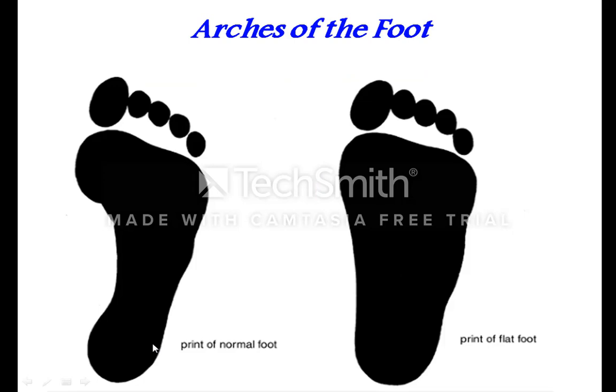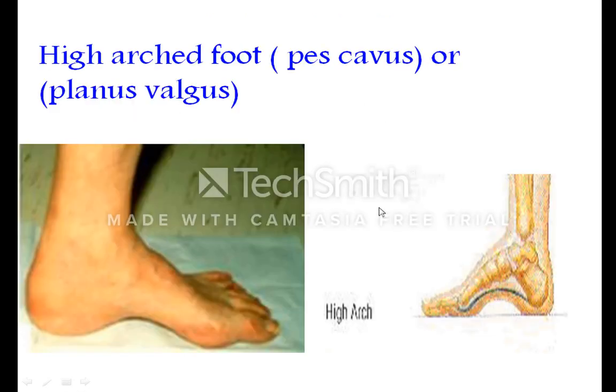This is the imprint of the normal foot, and this is the print of the flat foot. Clearly there is a difference, and even the distribution of the weight bearing area differs between the normal and the flat foot person.